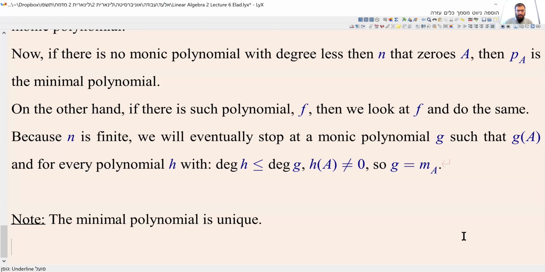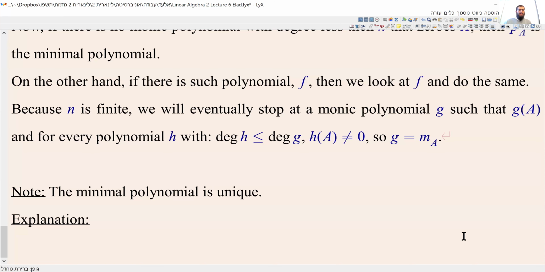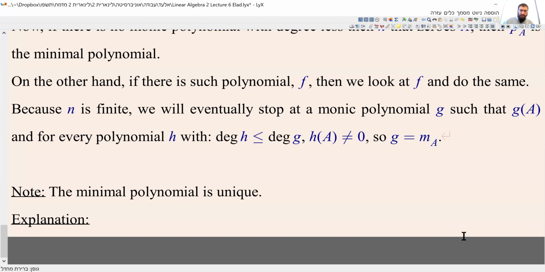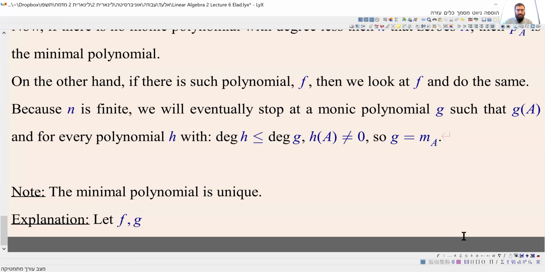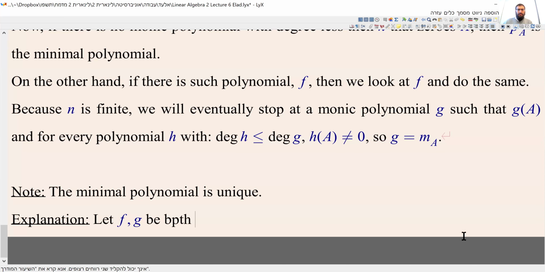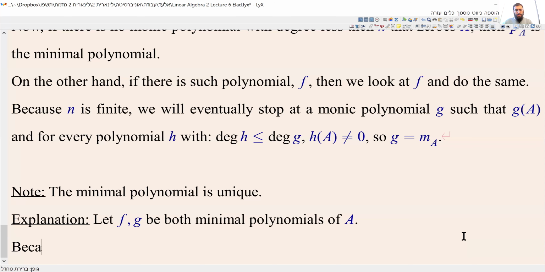Explanation. Say that we let f and g be both minimal polynomials of A. That means that f has the minimal degree and g as well.